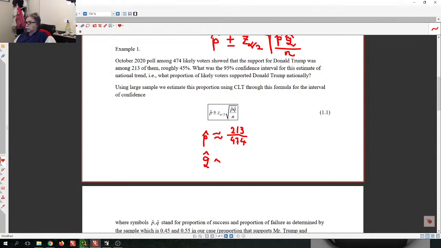Or again, if you want to be precise, since I'm precise here, I really have to simply say equal. So the q hat is how many in the sample are not supporting him. So that would be, I guess, 261 out of 474.